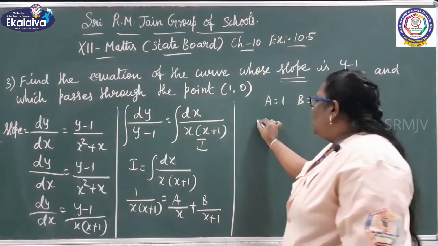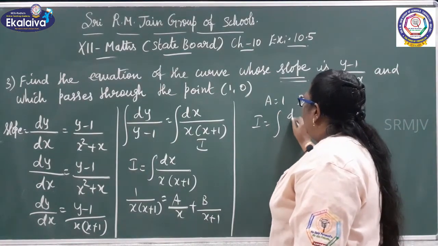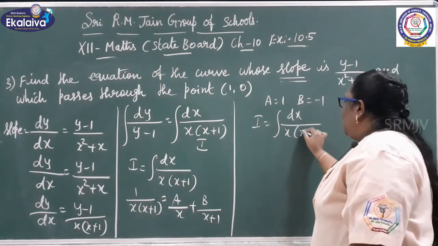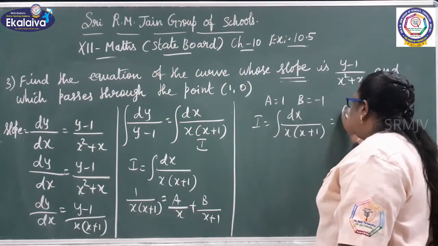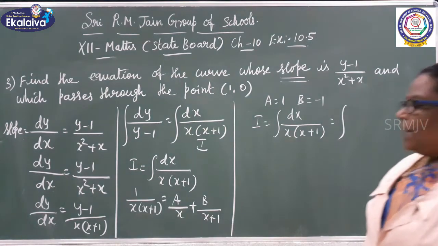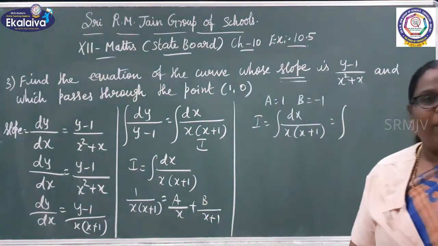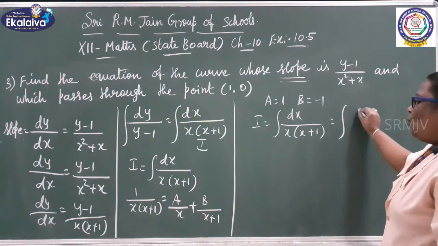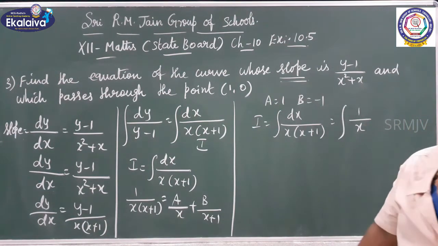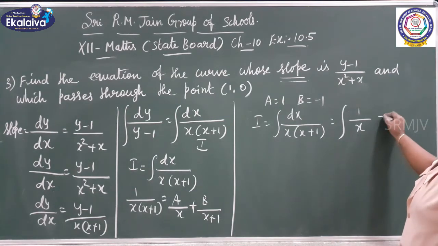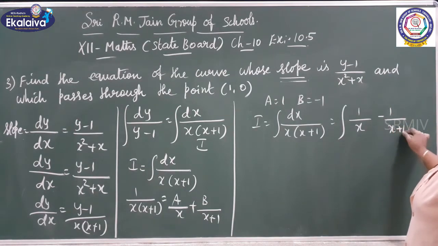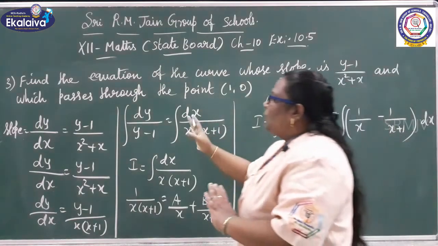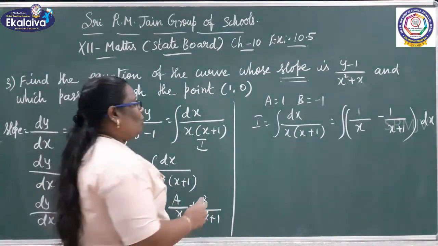See, I equals integral dx by x into (x plus 1), which equals integral of a by x plus b by (x plus 1). Since a is 1 and b is minus 1, it is integral of 1 by x minus 1 by (x plus 1) into dx. Now we move on to this part.